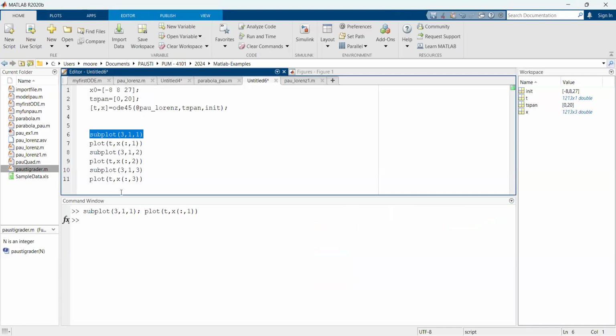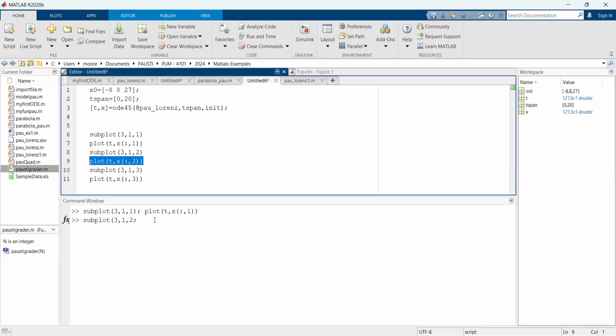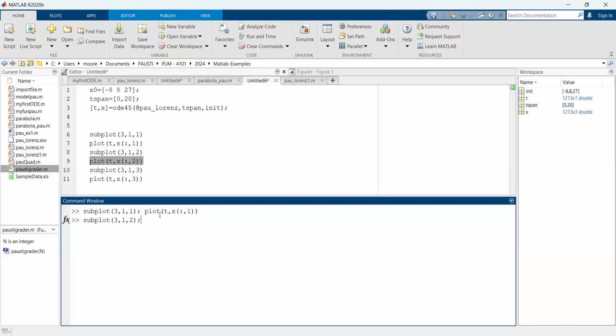Then let's do subplot 312. Now let's plot t against x2, right? Now let's do this as red.